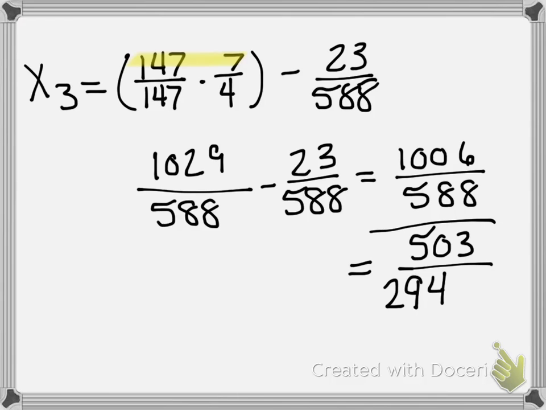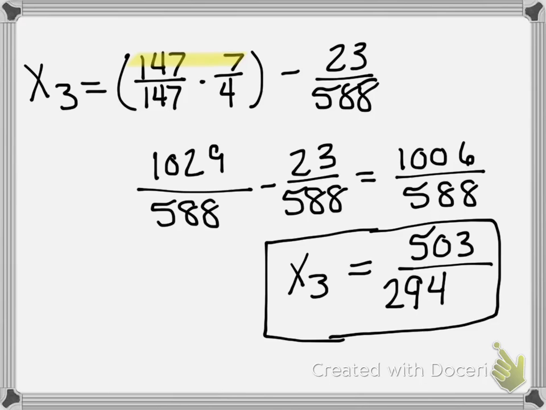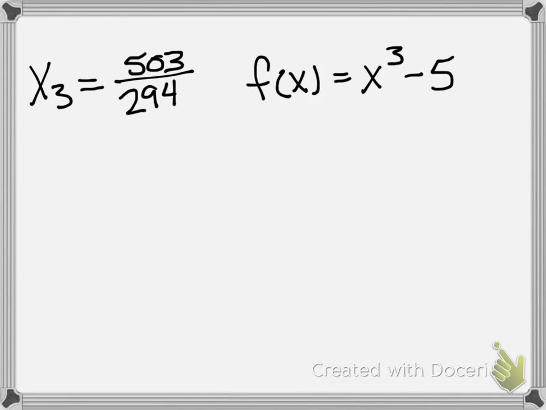So this should be our x3, and now we need to check that by plugging it into the original equation to see how close to 0 that actually gets us. Okay, so now we have our x3 and our original equation right here.